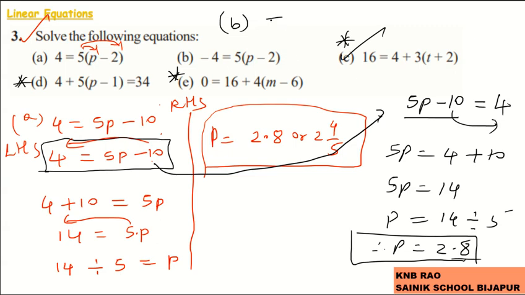If it comes to this side, it becomes plus 6. Minus 4 plus 10 gives you plus 6 upon 5, being the answer to question number B. The answer to this D is P equals 7 and the answer to this E is M equals 2.